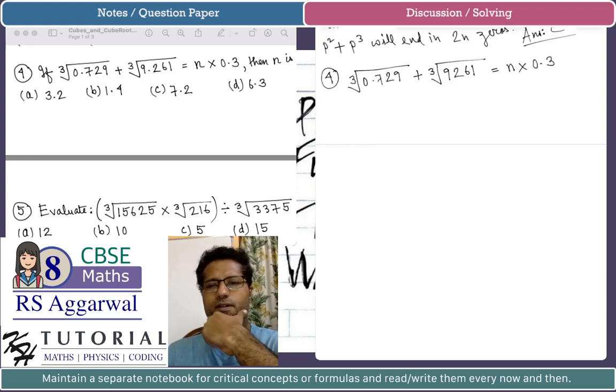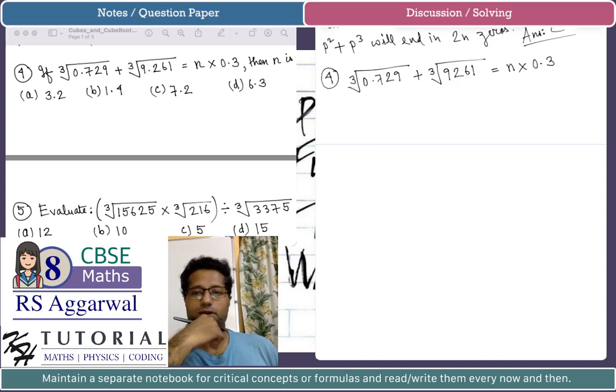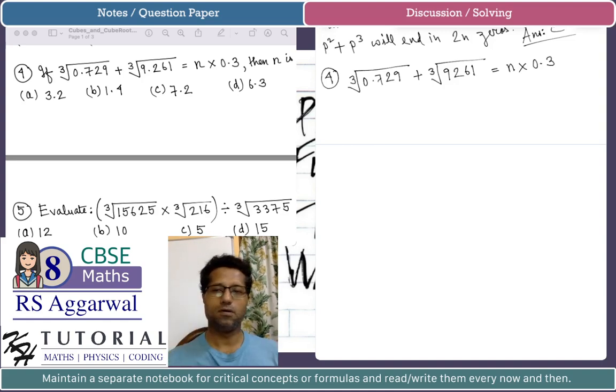Now, you must be very familiar with certain perfect cubes. Like 729, we can see the first cube root, inside we have a decimal number, but the decimal part is 729, and it is a perfect cube, which is a cube of 9. Now the second cube root, that is 9261, I don't know.